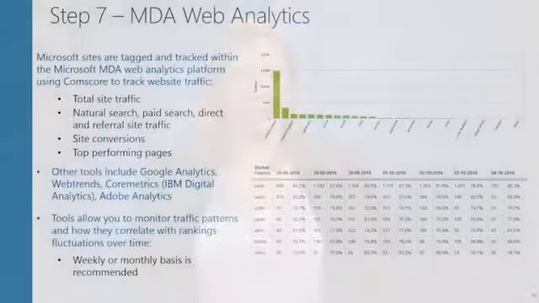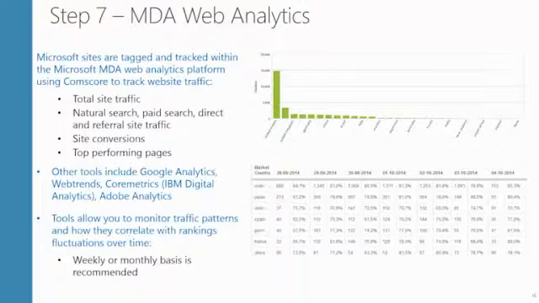From a website performance standpoint, you need to make sure that you're also tracking your overall site performance from a traffic perspective, seeing what channels your traffic is coming in from, whether it's SEO using natural search, whether it's paid, through a campaign, or referral sites that are bringing in traffic for you, to see what channels are the most effective in terms of site conversion.